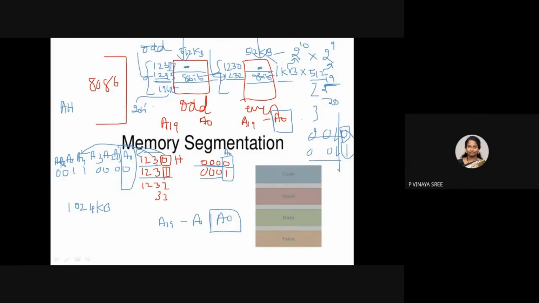For that we need a memory chip selection line. If this is active, it goes to that particular address and gets the data. Even if the address is the same for this and this, as this is not active, you cannot fetch the data from that address.